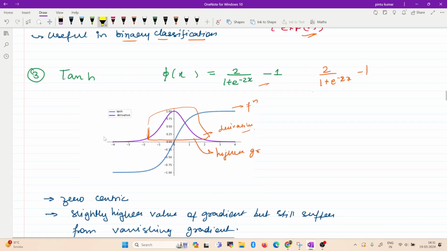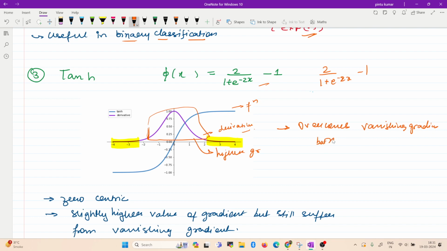But still, if you see this region, again your gradients are very, very small. So this overcomes vanishing gradient, but not completely.